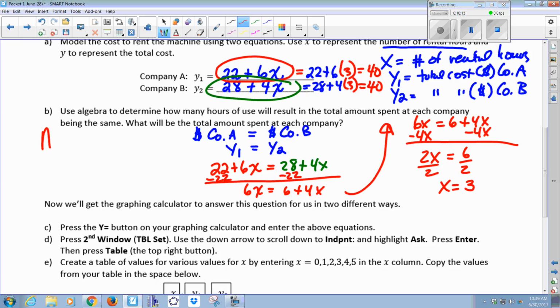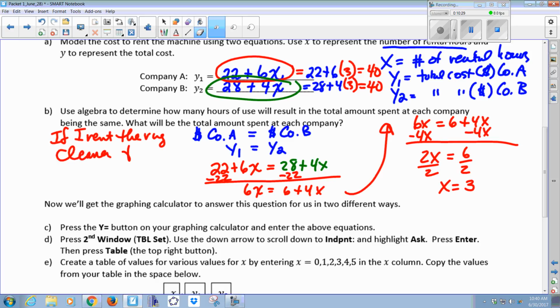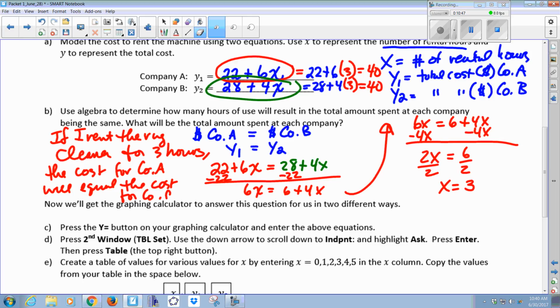If I rent the rug cleaner for 3 hours, the cost for company A will equal the cost for company B. That cost will be $40.